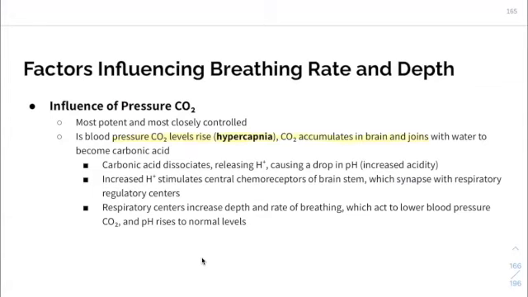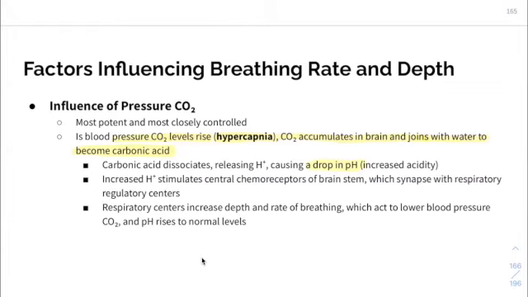When carbon dioxide joins with water, just like we talked about when carbon dioxide was carried in the blood not too long ago, it turns into carbonic acid. That carbonic acid dissociates into hydrogen and the bicarbonate ion. And that's what causes our pH to drop.